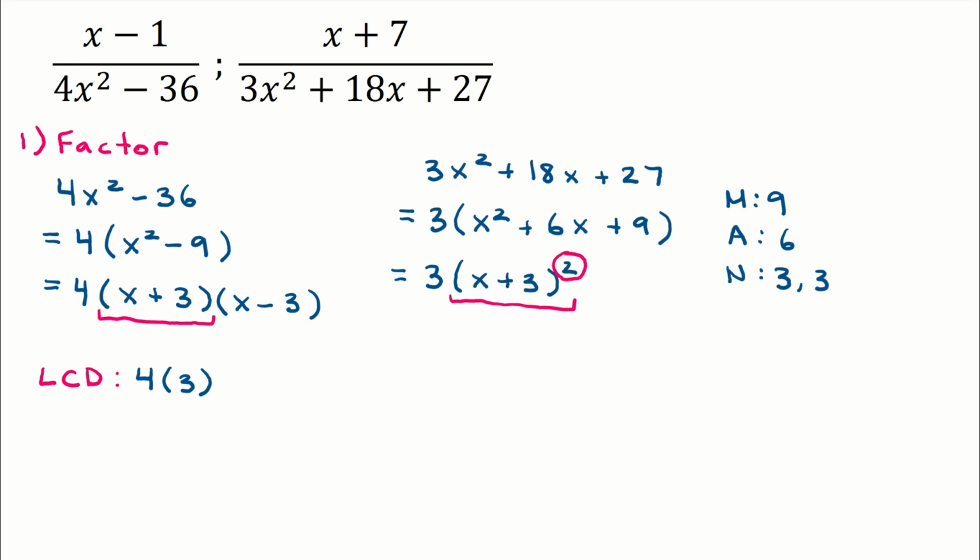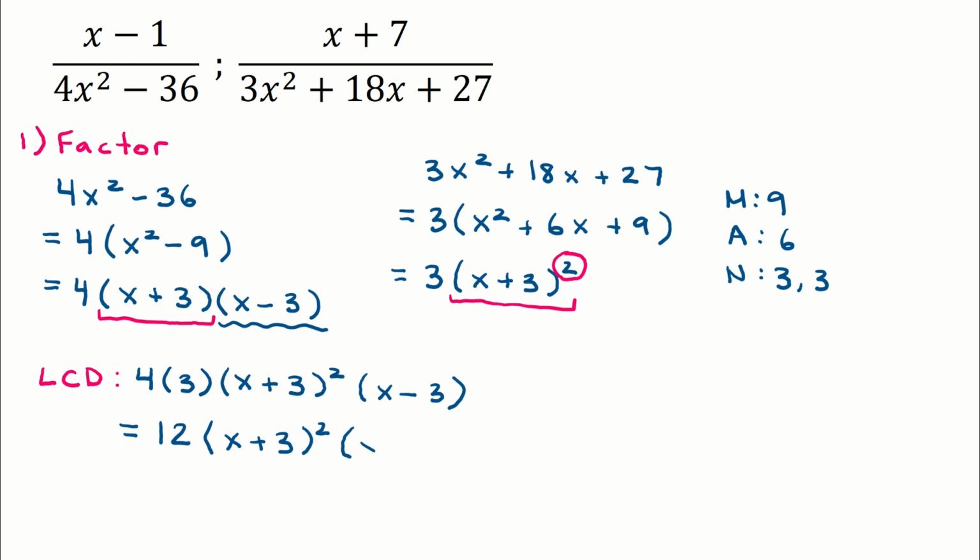So you always take the higher exponent. So the common denominator will include an (x plus 3) squared. And then the first denominator has an x minus 3, so that is going to be included as well. So our lowest common denominator ends up being 4 times 3, which is 12, times (x plus 3) to the power of 2, times (x minus 3).